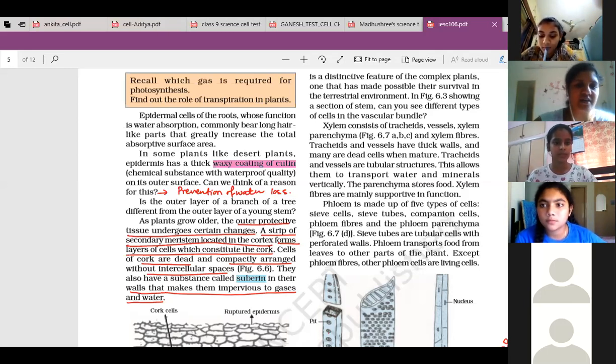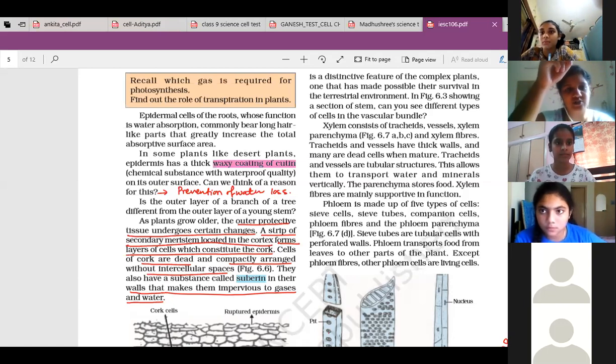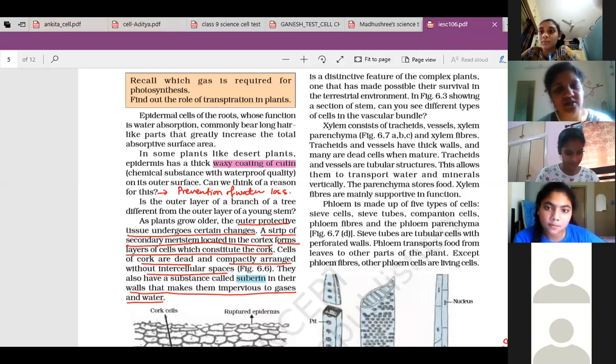It won't happen that from leaves it will go downwards again. It is only in one direction. And in phloem, the movement is downwards also and upwards also. So in xylem, transportation is unidirectional, and in phloem, transportation is bidirectional, upwards as well as downwards.